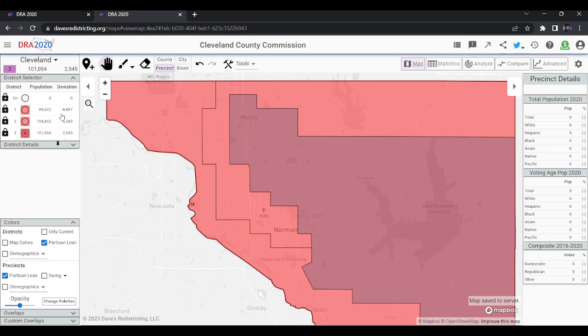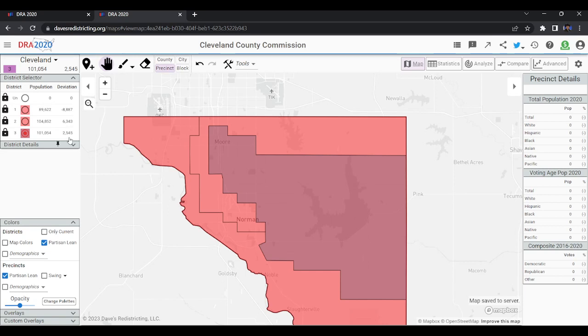And we can see here they're relatively within population of each other. Now, county commissioner districts have a much larger population deviation allowance than state house or state senate or congressional districts do. So you can see here a few thousand deviation either way.